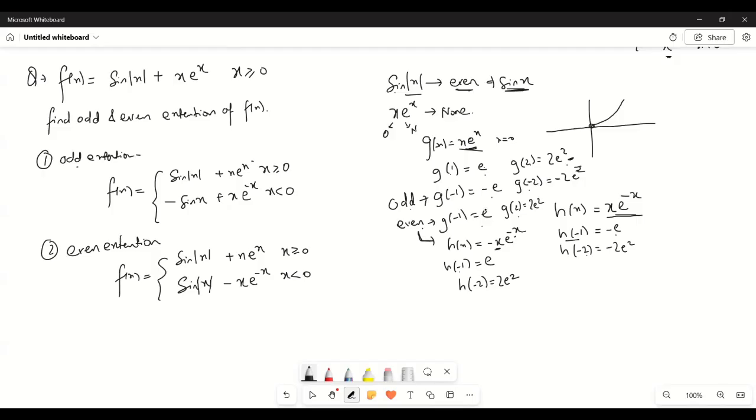So that when we plug in a negative value of x, we get a positive value base में भी और पावर में भी. और इसको फिर यहाँ पे लिख देंगे इवन एक्सटेंशन में. ठीक है ना? Okay. So this is how we do odd even extensions.